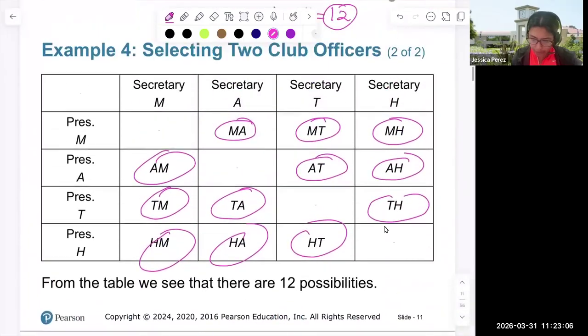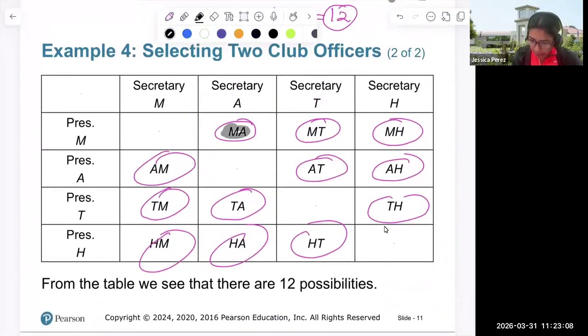So for example, we would have to say that MA is the same as AM. So that's 1. MT and TM, that's another one. So those pairs, MH and HM, that's another one.